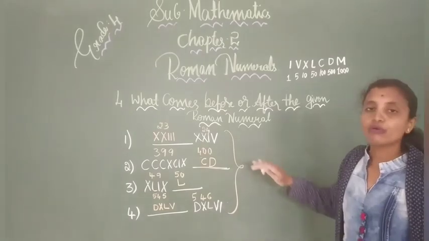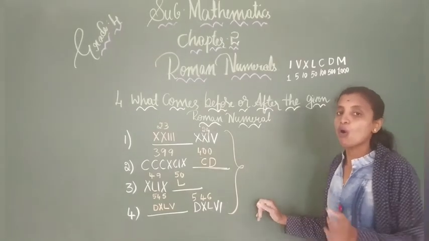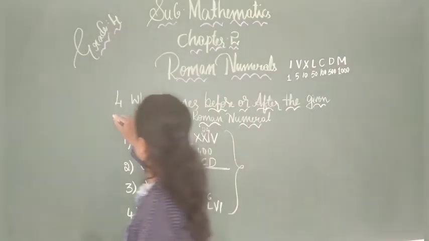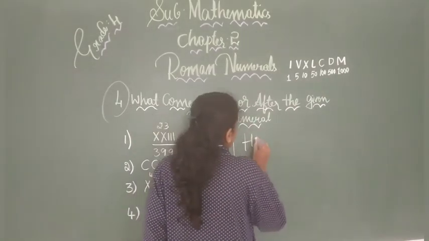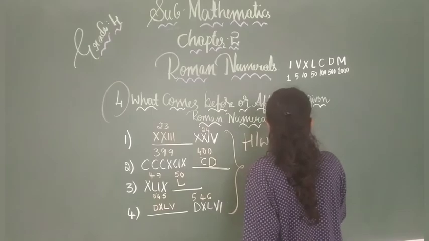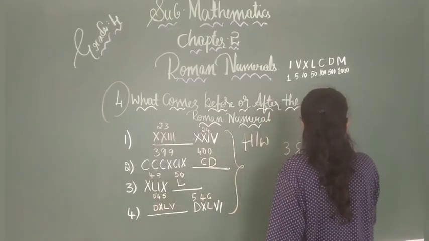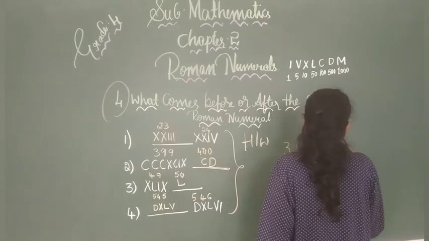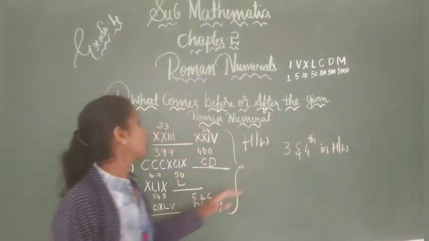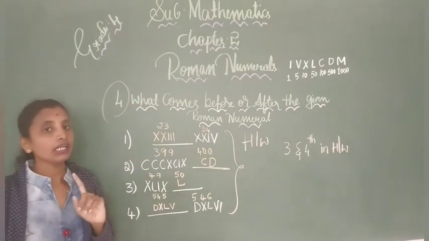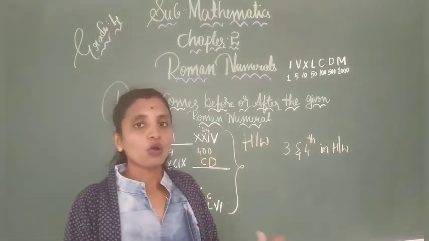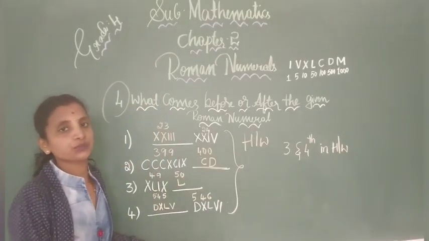More examples you have to solve in your homework book. Today's homework: you have to write the third and fourth ones in your homework book, and solve more examples there.